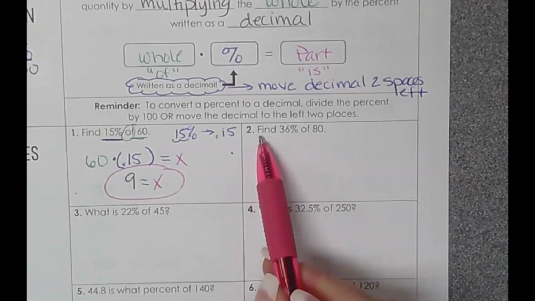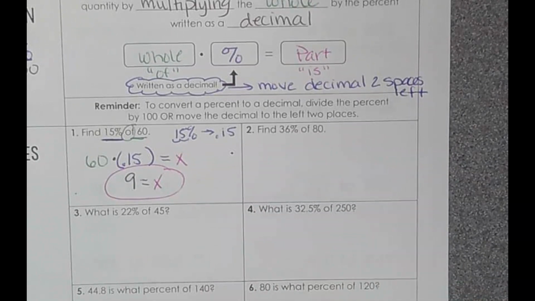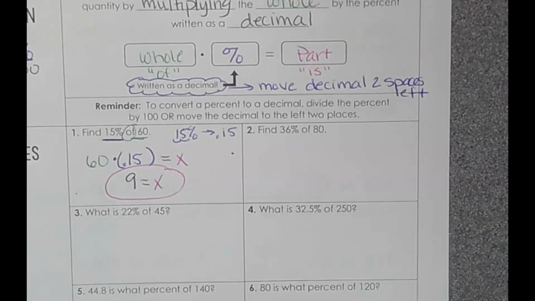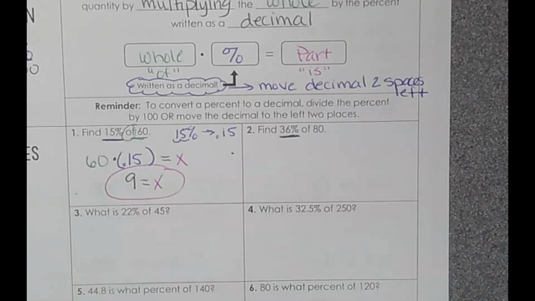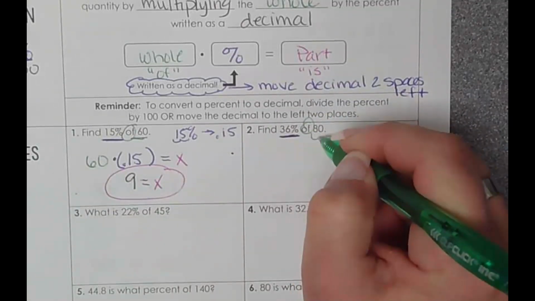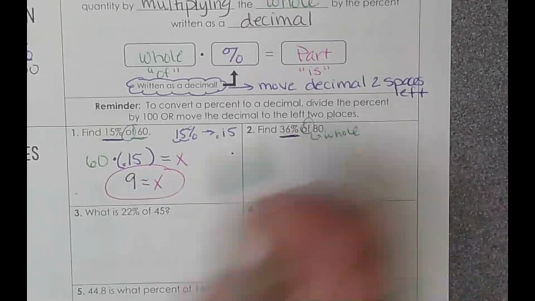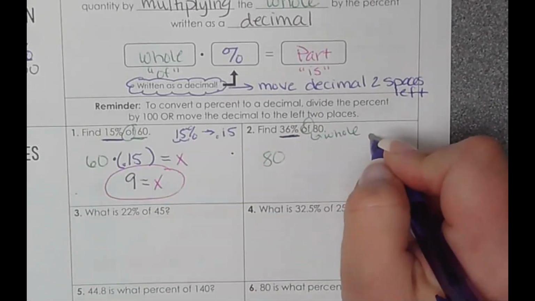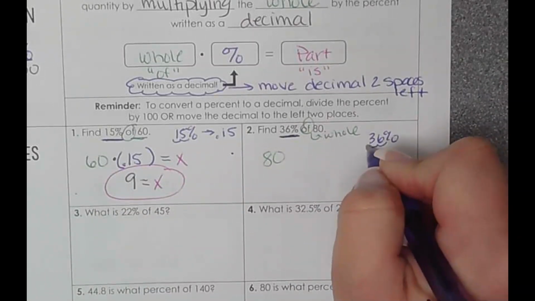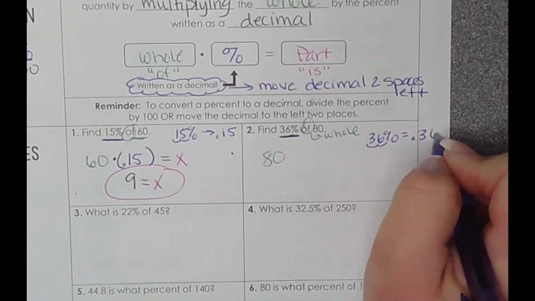Okay, so take a second, think about how you would set this up here. Again, 36 is our percent of, excuse me, wrong color. "Of" tells us this is our whole. So 80, and again, 36%, we're going to move it twice to the left, which gives us 0.36.